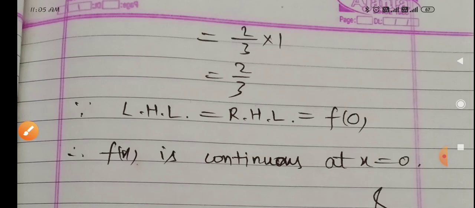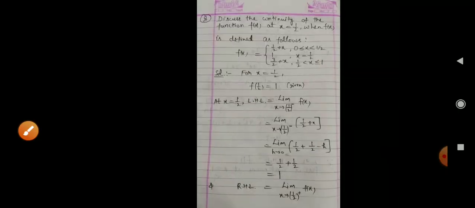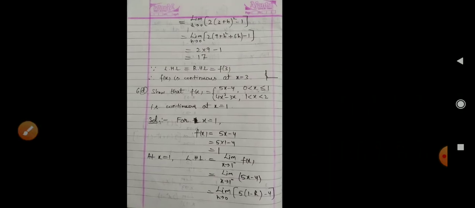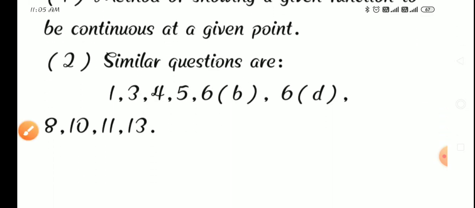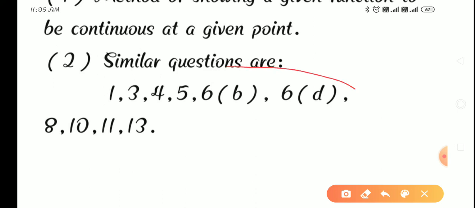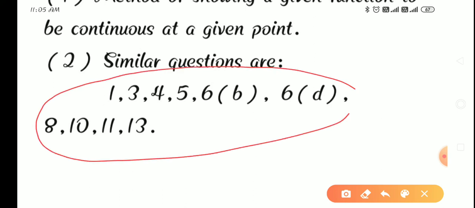So these were the questions from exercise 7, in which one point was given at which you had to check continuity. And similar questions I told you from this exercise. Out of these questions, I have taken the first question, the 6th D part, the 8th question, and the 13th question.